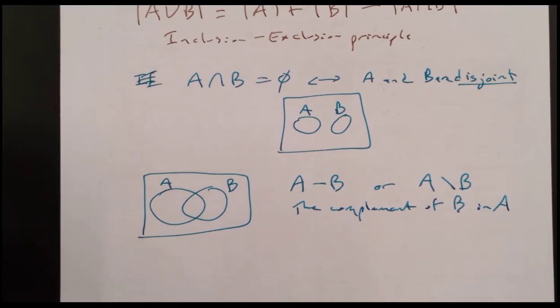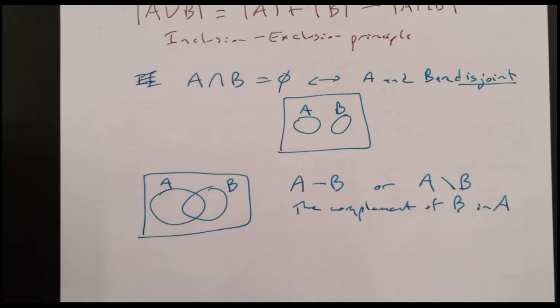Okay, well, wait a minute. Complement means things that aren't, yes? So the complement of B in A. What part should I shade in to make that work? The complement of B in A, it should be part of A, right?